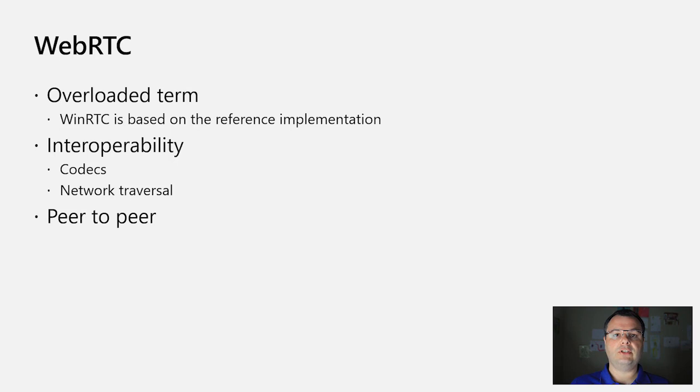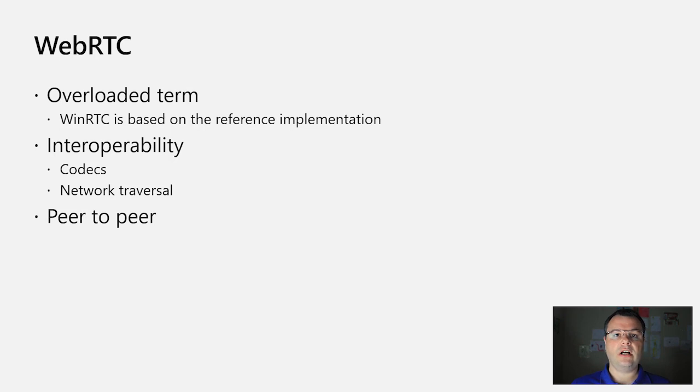W3C also published another set of APIs for allowing JavaScript apps to access local media devices. WebRTC also can refer to the open source code used as a reference implementation and shipped inside web browsers like Edge and Chrome. WinRTC is based upon the WebRTC reference implementation.